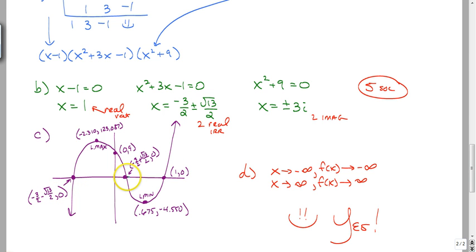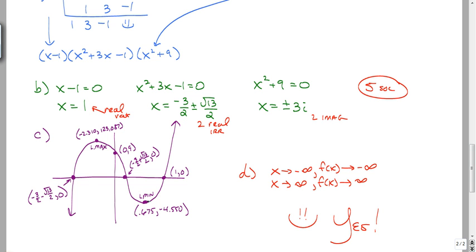And this guy over here is our negative 3/2 plus root 13 over 2. So you want to list the exact answer because we know the exact answer from part B. We also have our (1, 0). (0, 9) is as simple as looking at the table. Our local max is just using your calculator to find the max, and same with the min, and that's it.